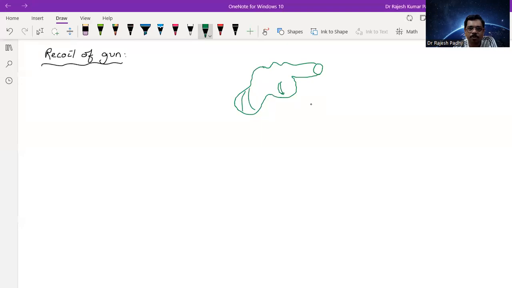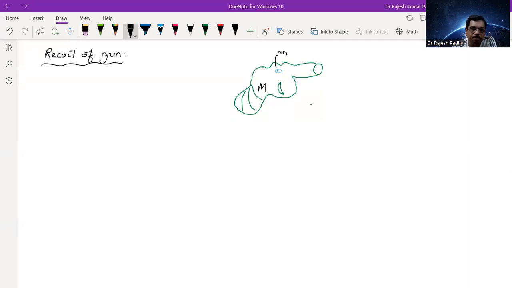This gun is only prepared for our class. And suppose here is the bullet. The mass of the gun is capital M, whereas the mass of the bullet is small m. Mass of bullet is smaller.